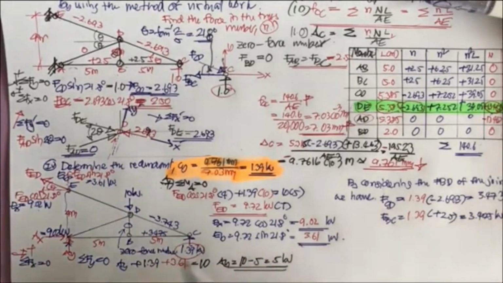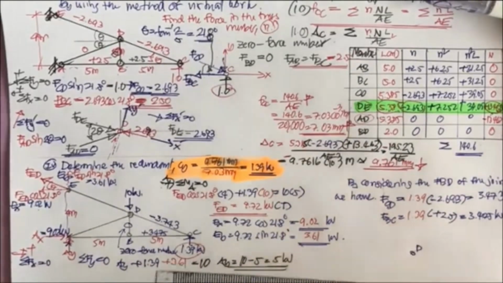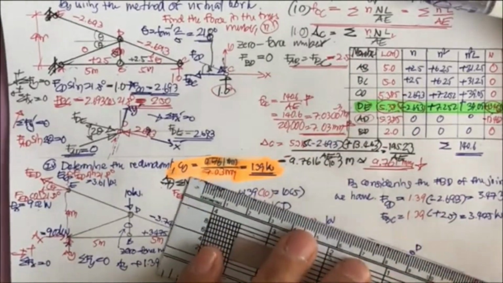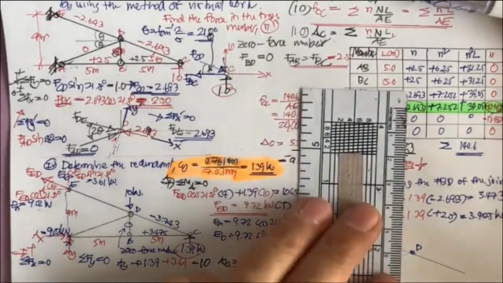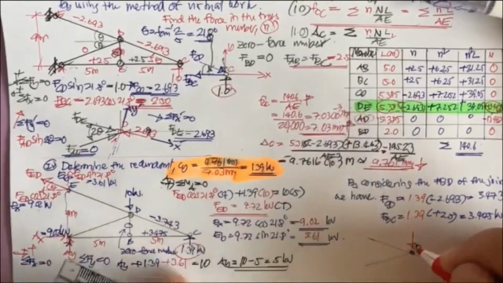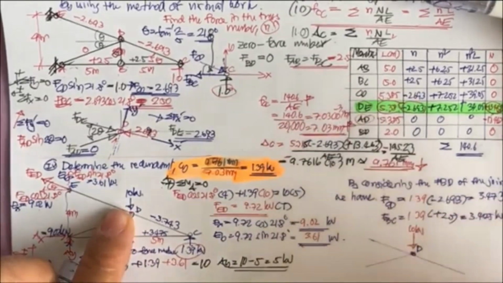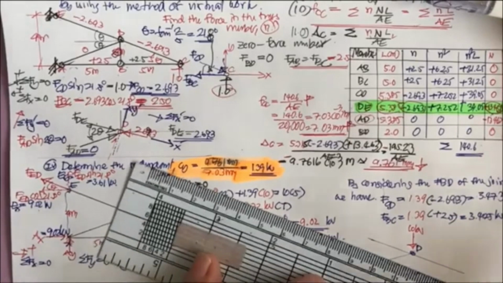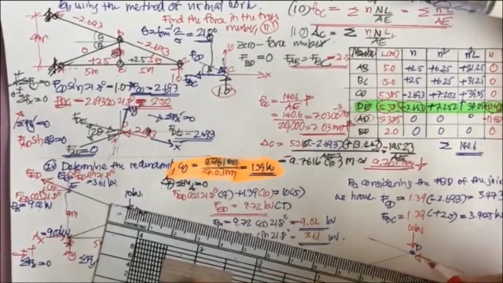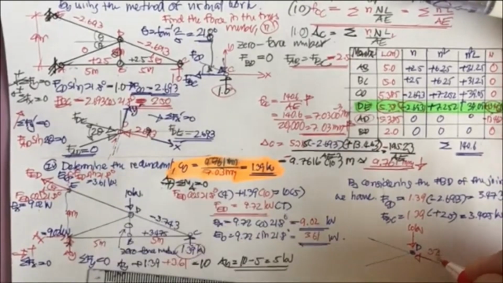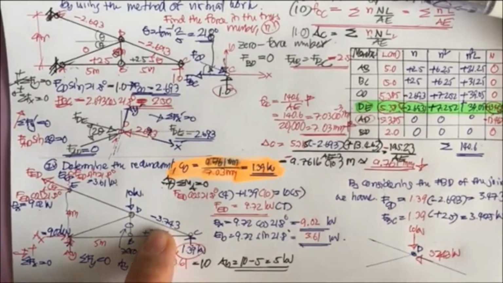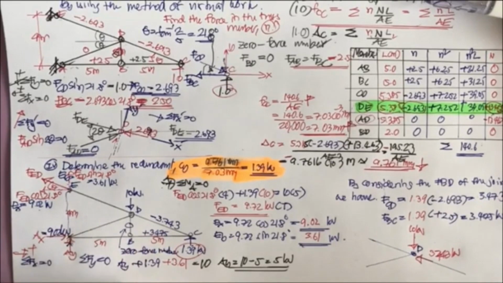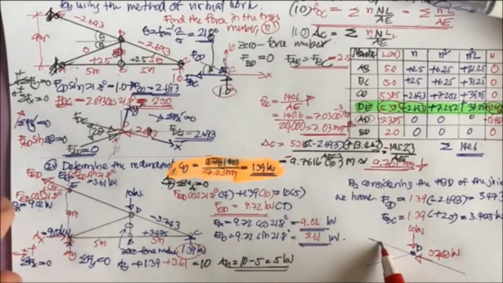So now at point D, you have this one, you have this one, you have 10 kilonewton, 3.743 kilonewton. And then you have two more of this. Let's say we have this before, right?